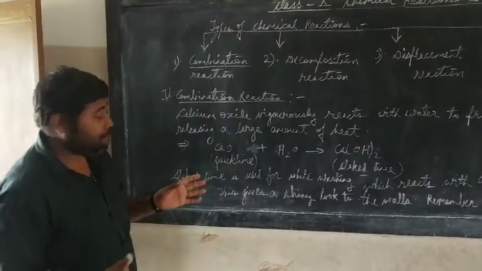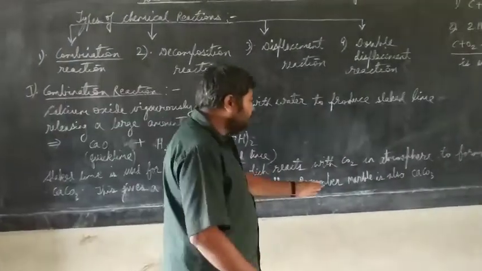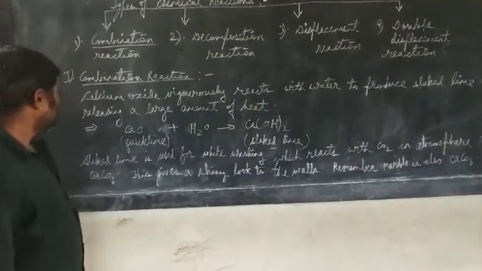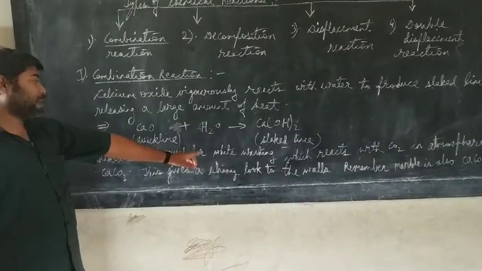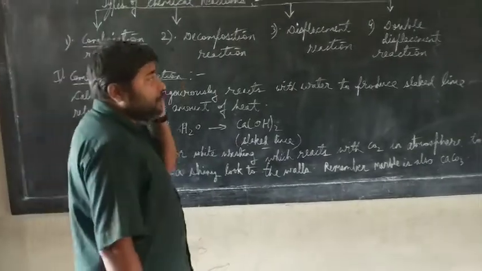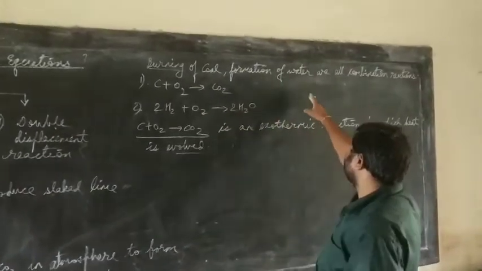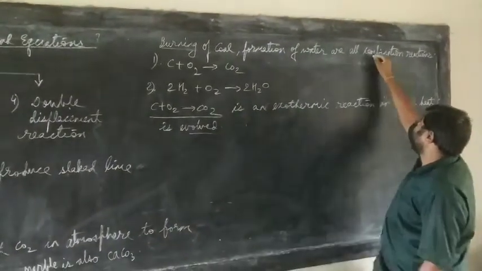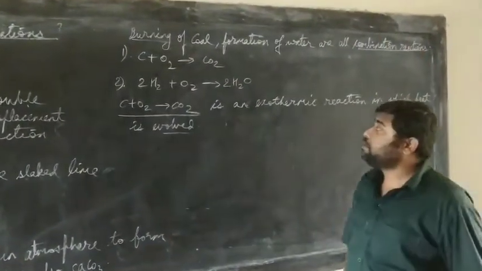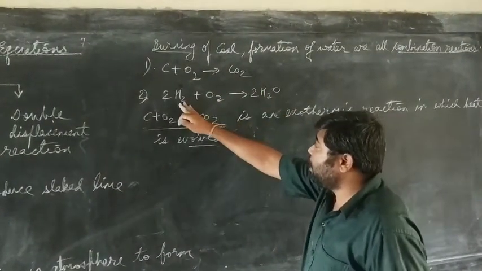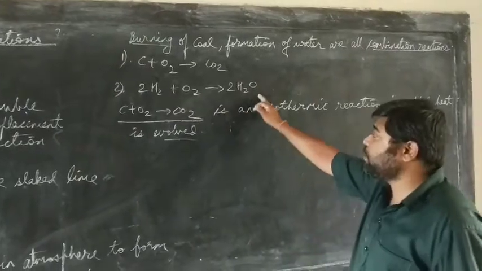And interestingly, marble is also CaCO3. Okay? So, you can have a look at over here. Now, burning of coal and formation of water are all combination reactions. Carbon plus O2 gives CO2. Hydrogen plus oxygen gives water.